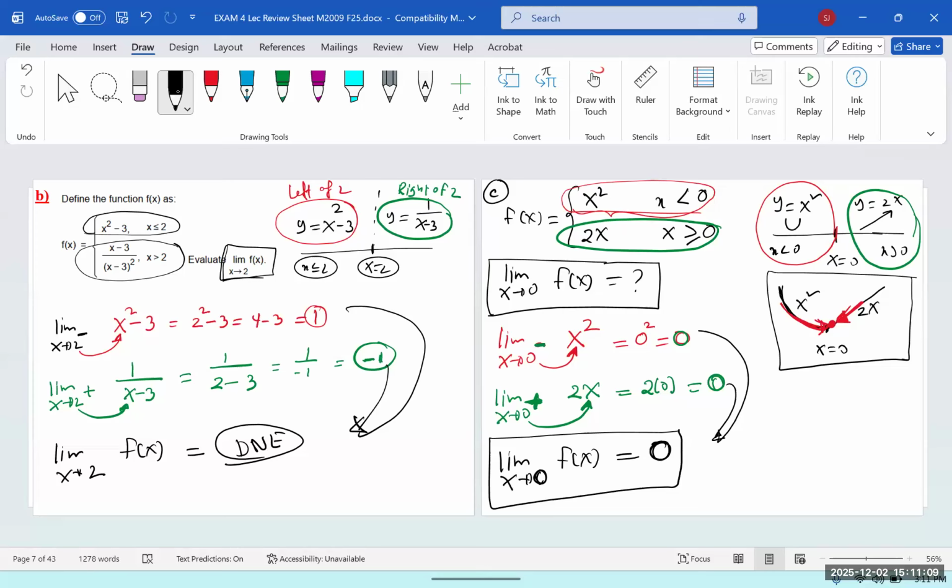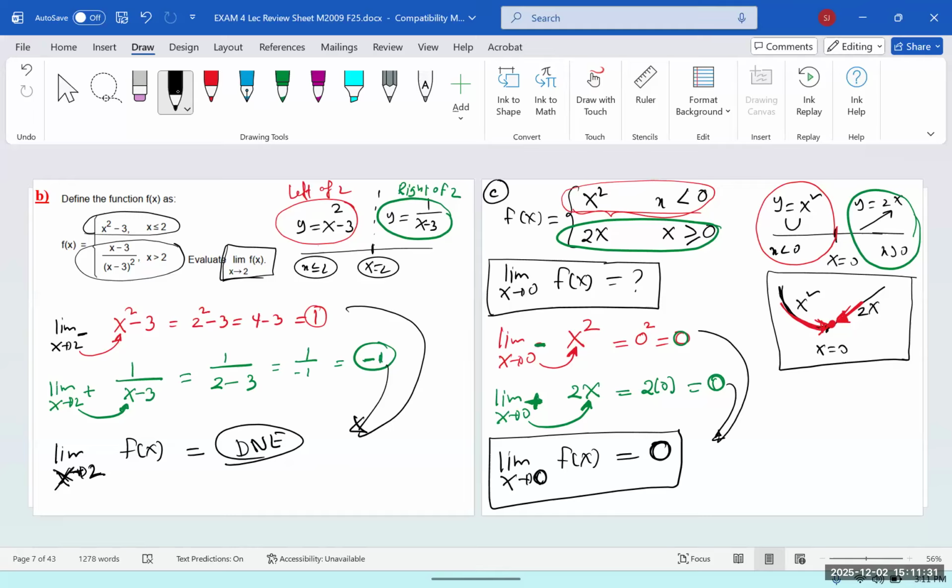In the last two examples, the left function gave us one number, the right function gave us another y value. The two y values we had were not the same, so there wasn't any y value that existed as a limit when you are exactly at 2.